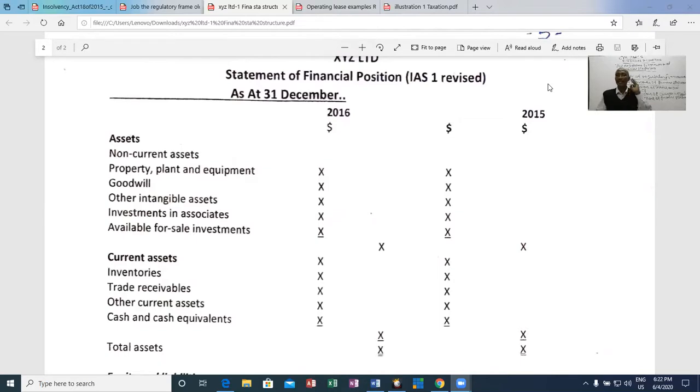Three things: assets, liabilities, and the equity of the company at a given date. Let's say 31st December of 2018, or depending on the end of the financial period of the company, which could be, for example, 30 June of 2019. If that's the end of the financial period, then that's the date when we prepare the statement of financial position.